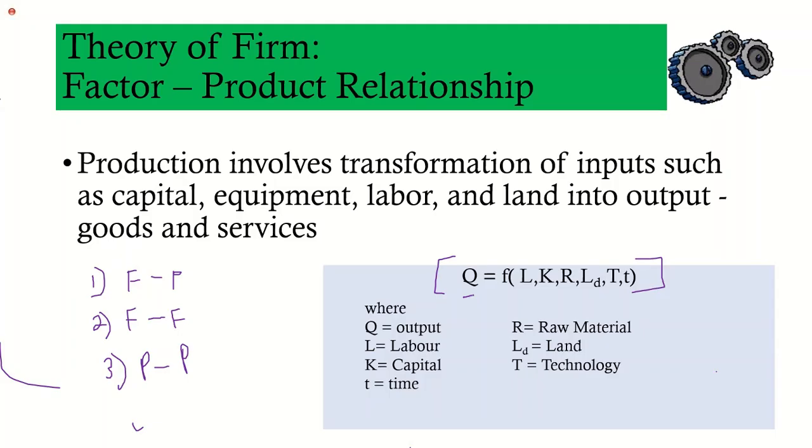If you take paddy as a crop, there are certain factors that affect the production. What factors would affect the production of paddy? Some of you at least must be working in production, so you would know, or even that's common sense, isn't it? What factors would affect the production of a crop?